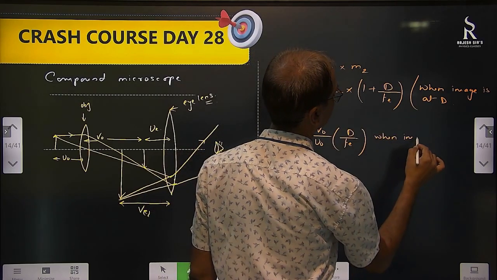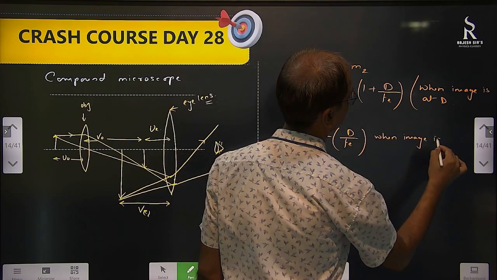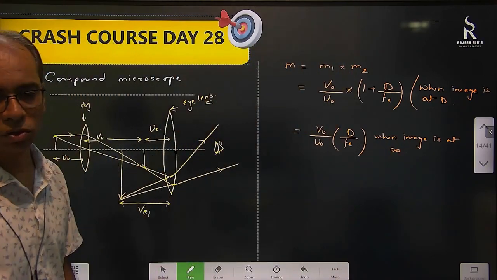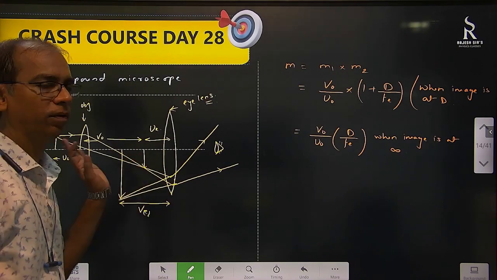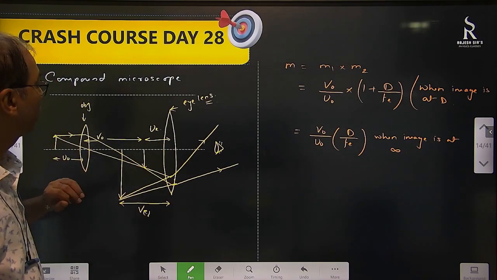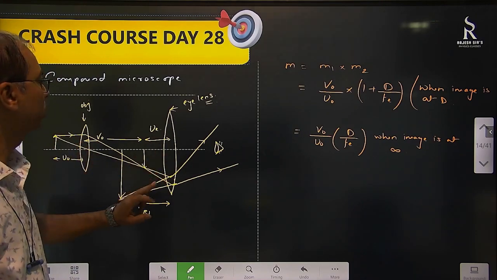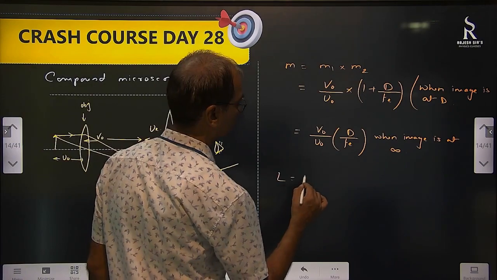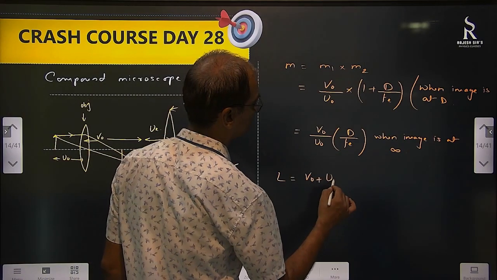Very simple. So if you know simple microscope, what is its magnification? That means you have knowledge about compound microscope also. Now in compound microscope, sometimes they ask you what is the length of microscope. It is V naught plus U e. Length of microscope is V naught plus U e. Remember.